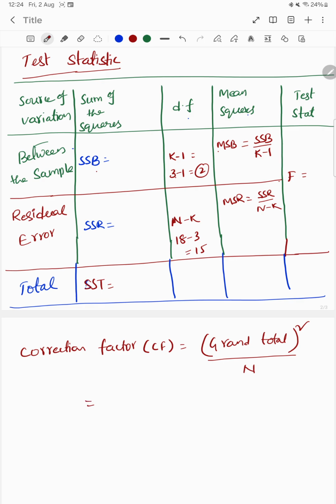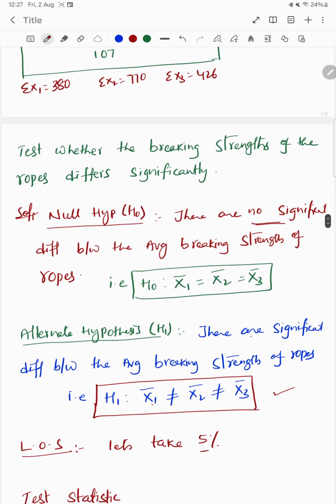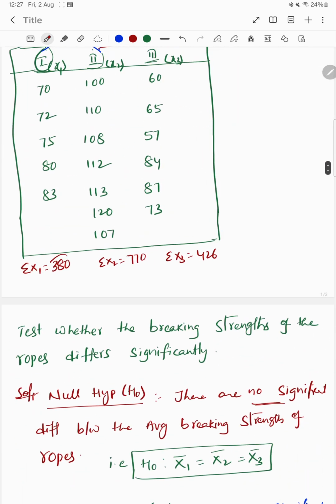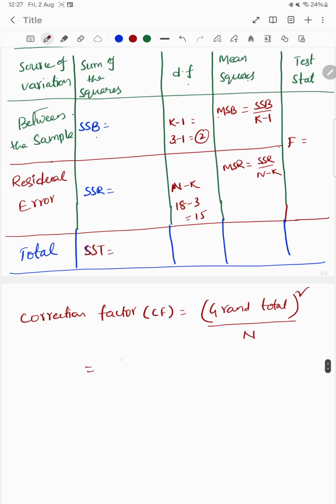The grand total is nothing but the total of sample 1 plus total of sample 2 and total of sample 3. So the grand total is summation of x1 plus summation of x2 plus summation of x3, whole square, whole divided by n.